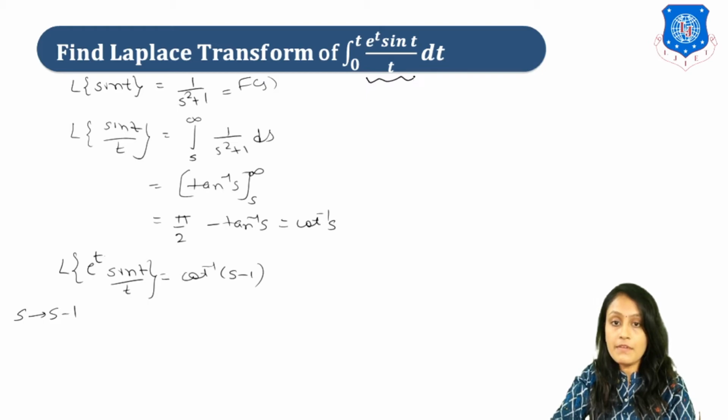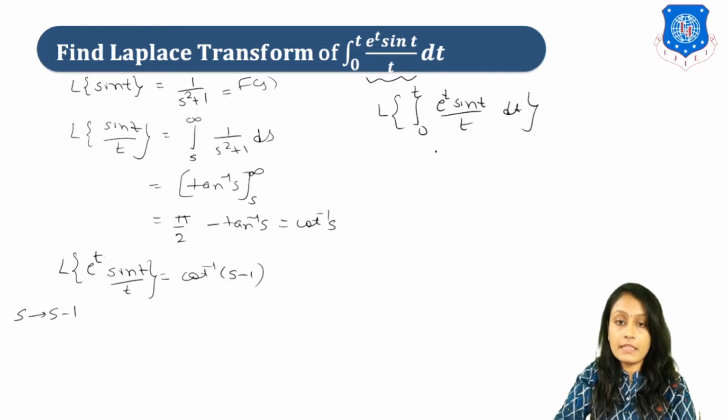We have simplified up to this. Now we apply the integration, the Laplace transform of the integral from 0 to t of e raised to t sin t upon t dt, using the formula F(s) upon s. F(s) is cot inverse of (s minus 1), so the final answer is cot inverse of (s minus 1) upon s.